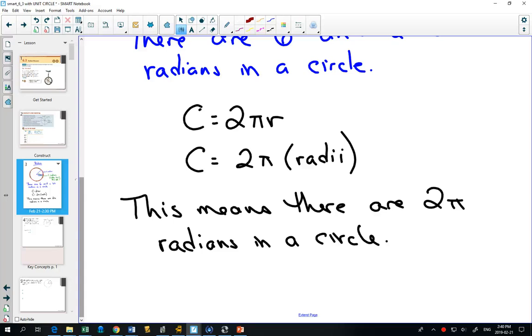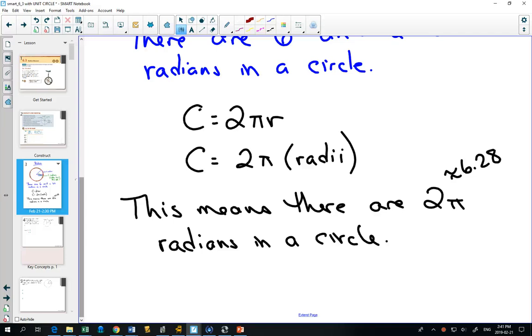So now I'm going to get you to think in ways that you're not close. 6.28, right? Approximately, because pi is 3.14 approximately. So this would be approximately 6.28.